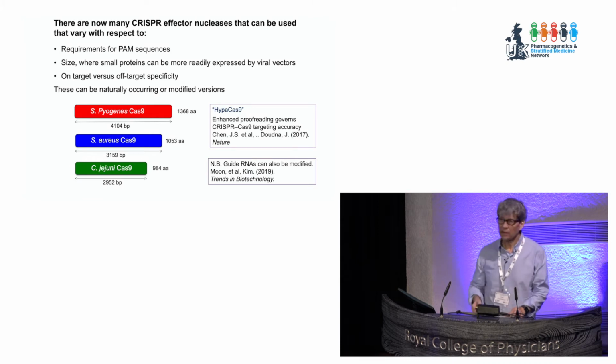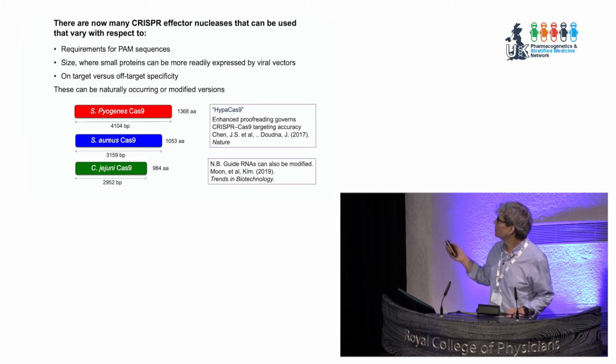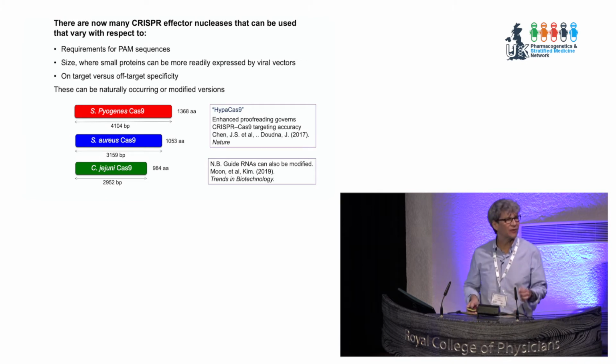Size, where you could use a small one much more readily in a viral vector because there's room for it. They also vary in on-target versus off-target specificity. For example, HyperCas9, published by Jennifer Doudna 2 years ago, is definitely much more accurate, so it tends to hit the on-target site much more than any off-target site.